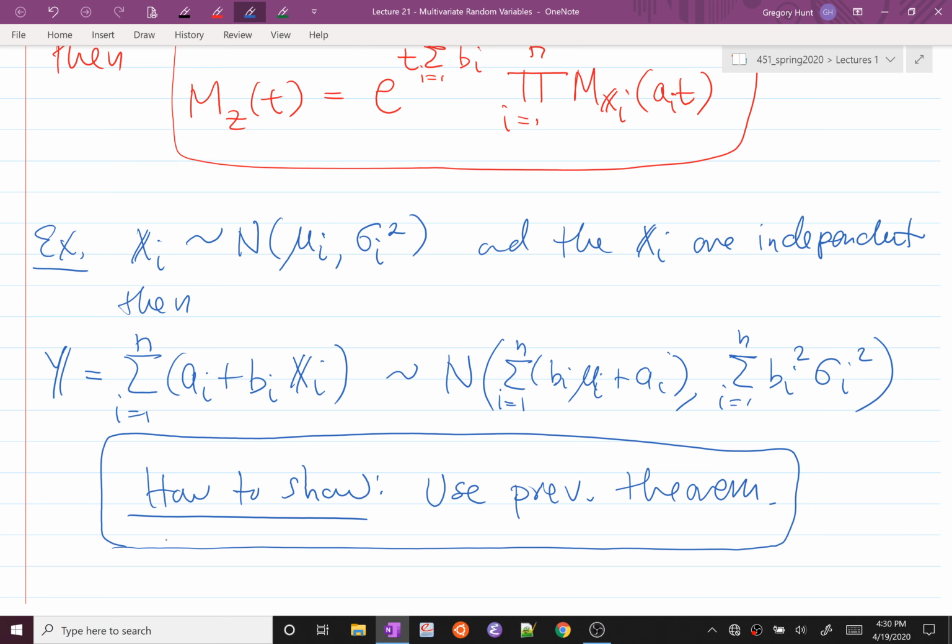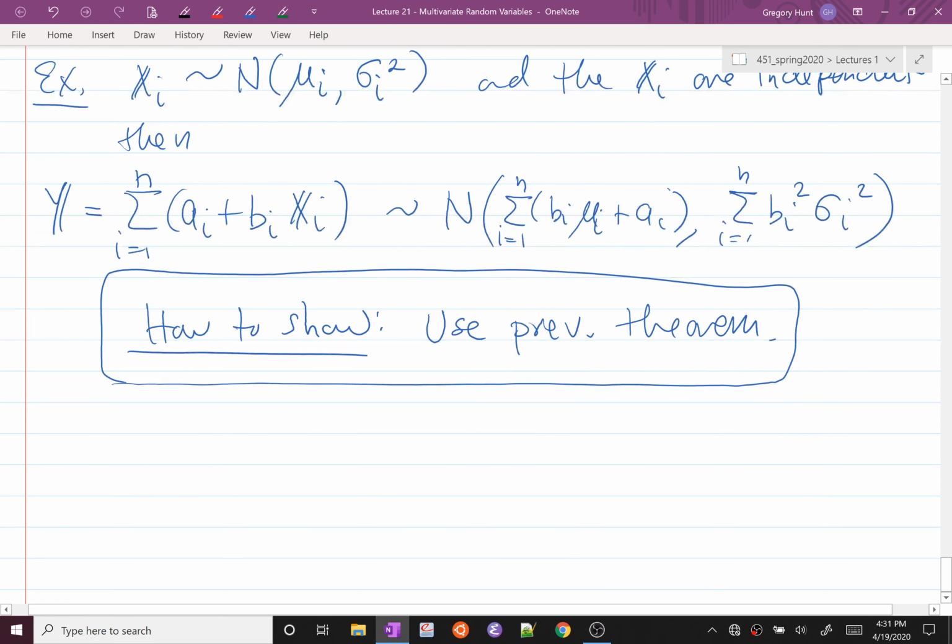So we've done a lot of things with bivariate transformations, and in particular, we talked a lot about transformations of bivariate random variables. So let's look at how we can now go from bivariate transformations to multivariate transformations.